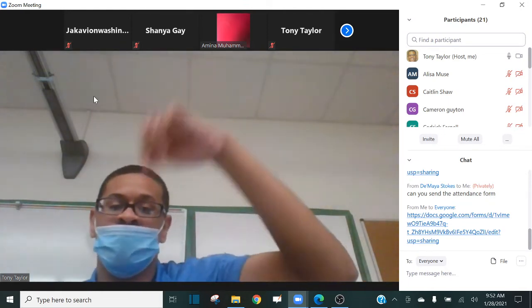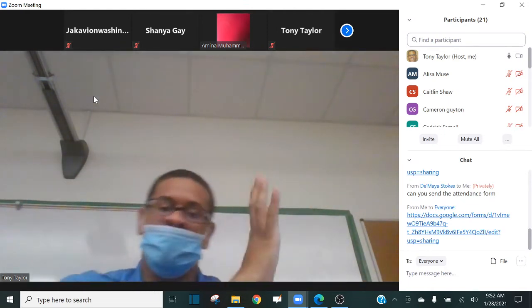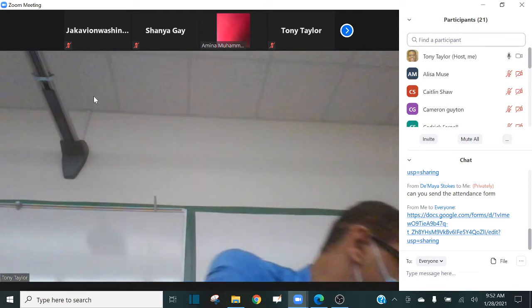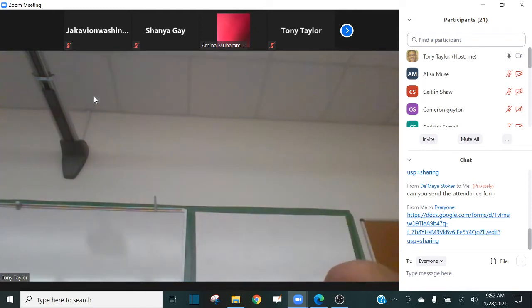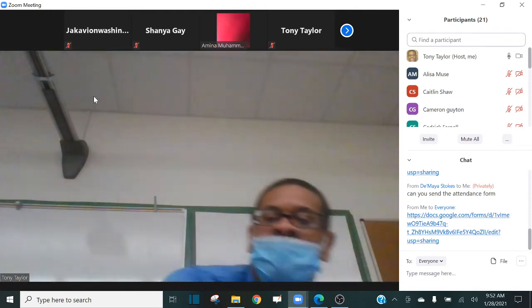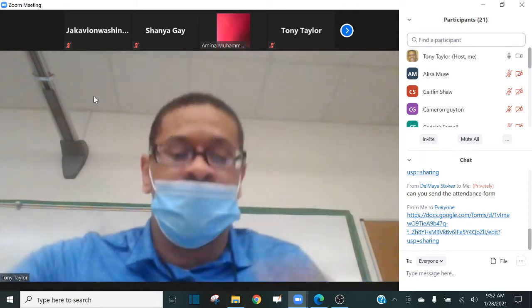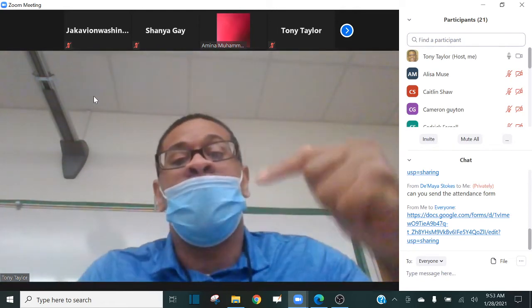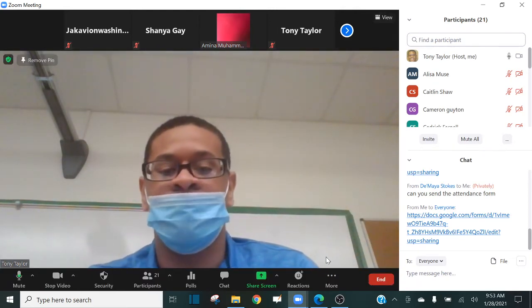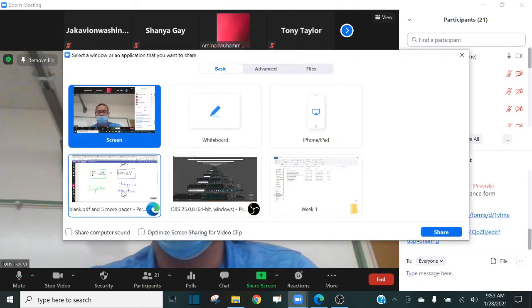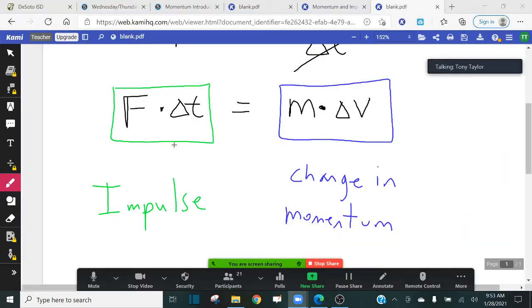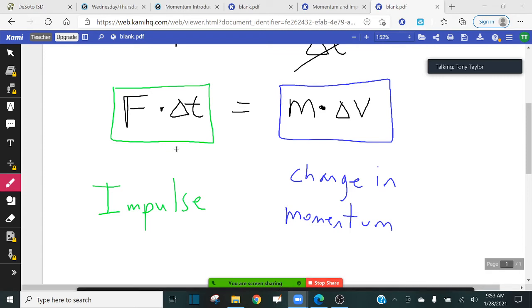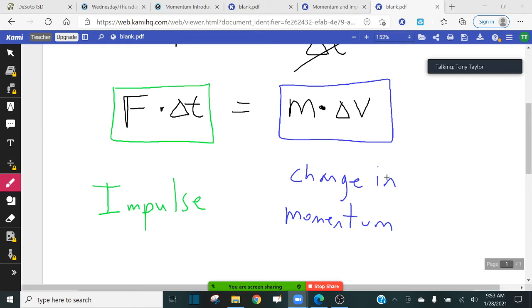Initially it had zero momentum, and then it had a lot of momentum because you saw me shove it across the room. So that's what that equation means. An impulse will cause an object to change its momentum. So an impulse acting on an object, a force acting over a period of time, causes an object to change its momentum. This is what is known as the impulse momentum theorem.